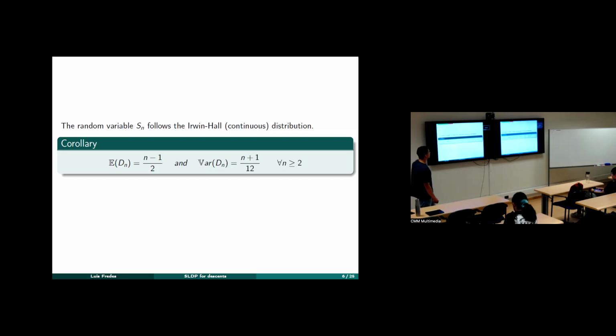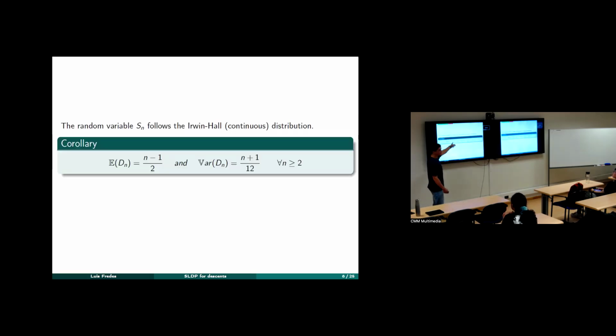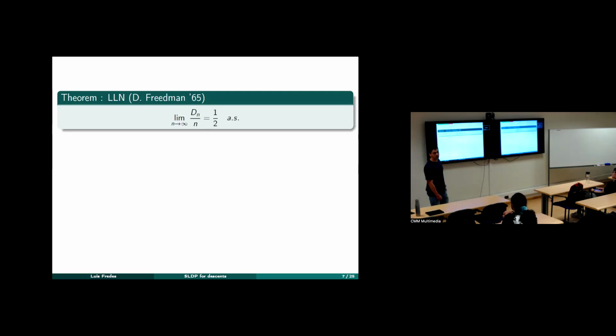And now the interesting part is what happens with some properties of this random variable dn. So since we know that dn is of order n, what happens when we divide it by n? We have something that is a law of large numbers, which is due to Friedman in '65.